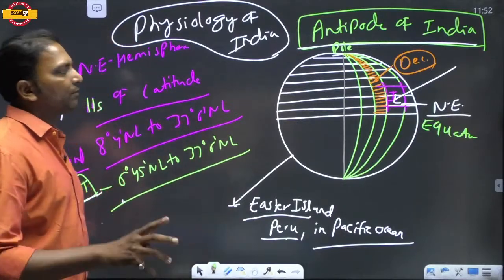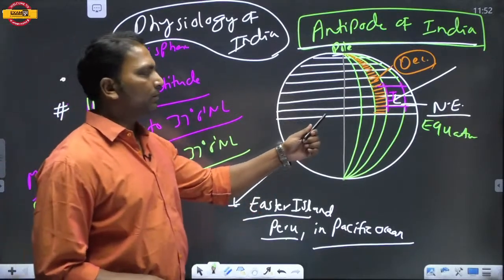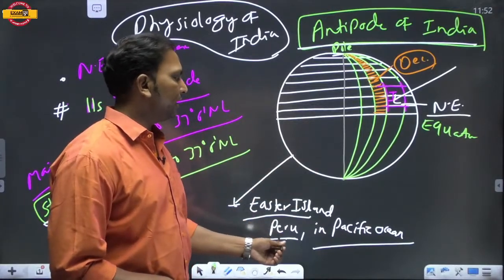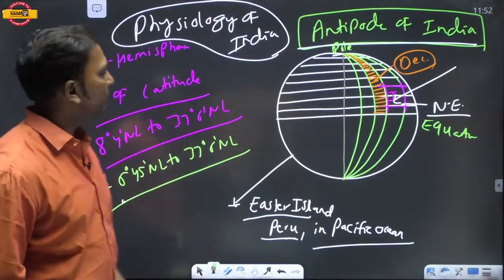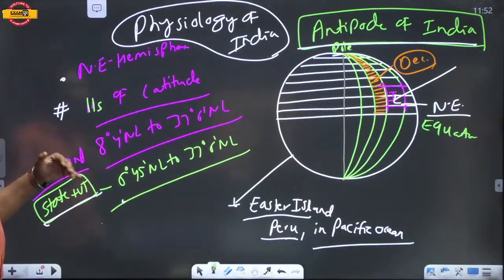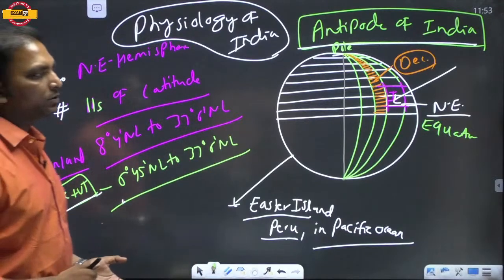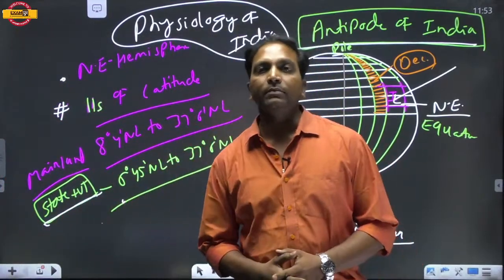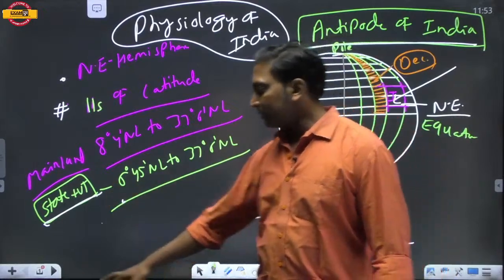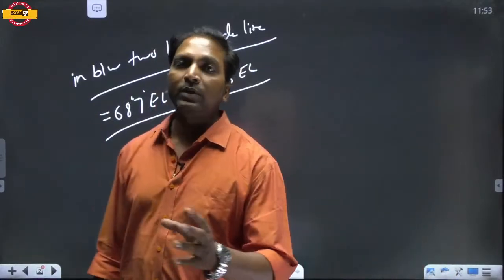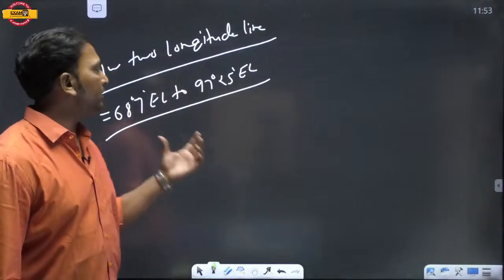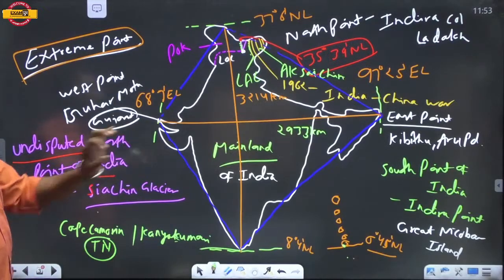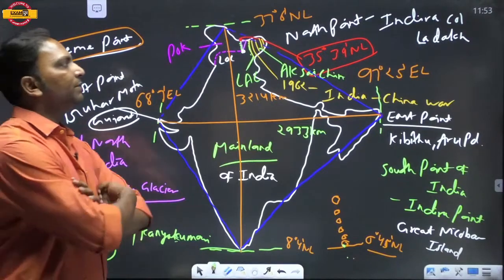If we insert a rod from the Indian territorial region, it will come out at Easter Island in the Pacific Ocean. So what about India's location? India lies between which parallels of latitude? Next we have seen that India lies between two longitude lines, from 68 degrees to 97 degrees 25 minutes. Now we have seen the extreme points of India.